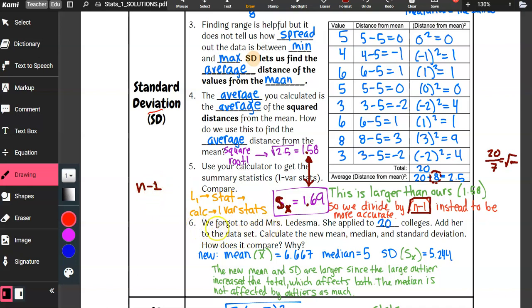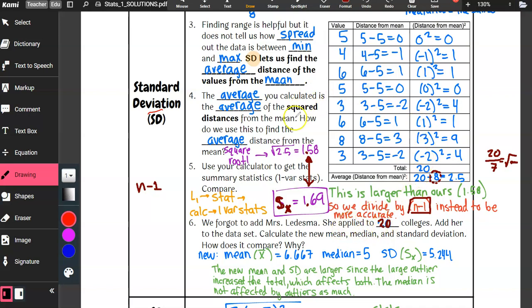Question 6. We forgot to add Ms. Ledesma. She applied to 20 colleges. So we're choosing a really high number here, 20 colleges, which is going to be considered a high outlier.